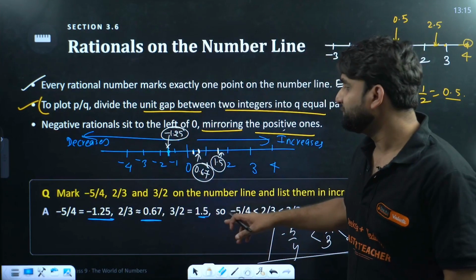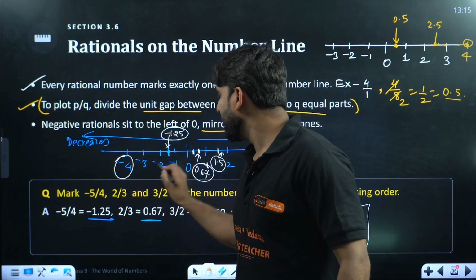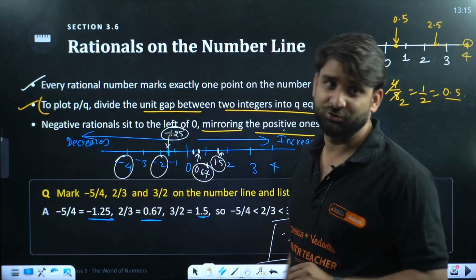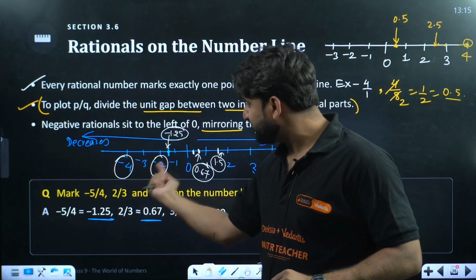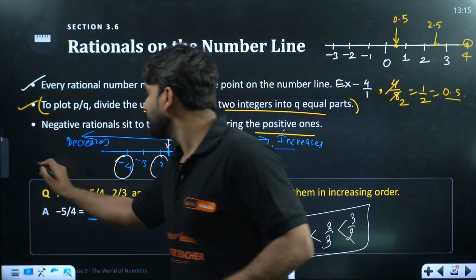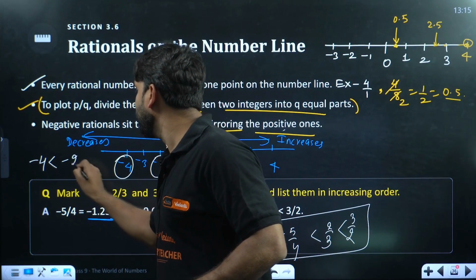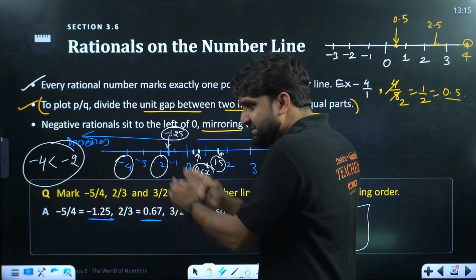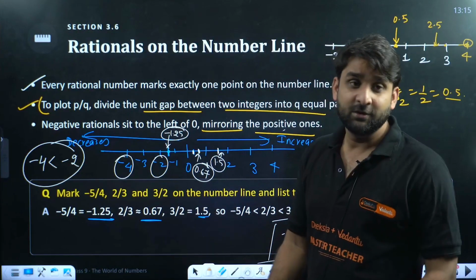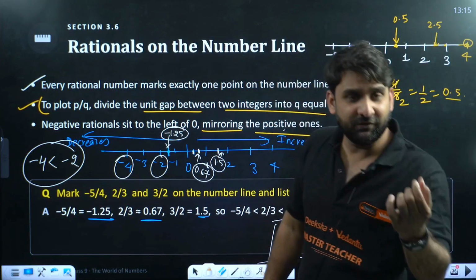If I ask you in minus 4 and minus 2, which is greater? Minus 2 is greater because minus 4 is to the left side of minus 2. Minus 4 is smaller than minus 2. So right side greater value, left side smaller value.